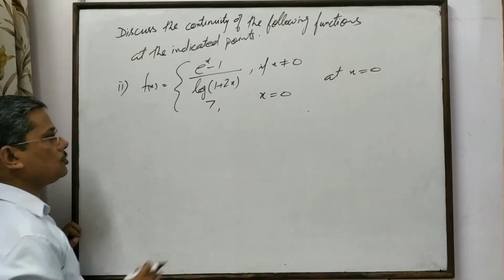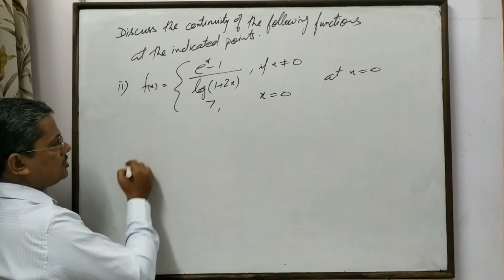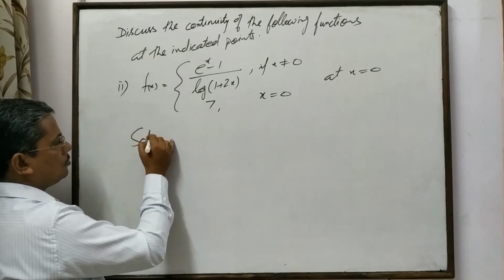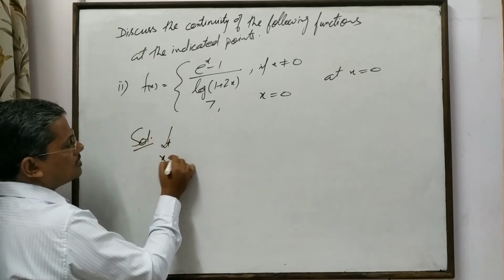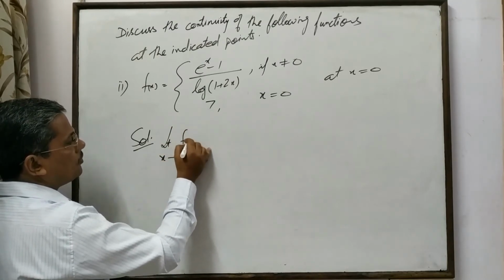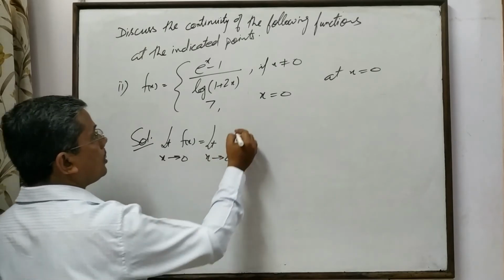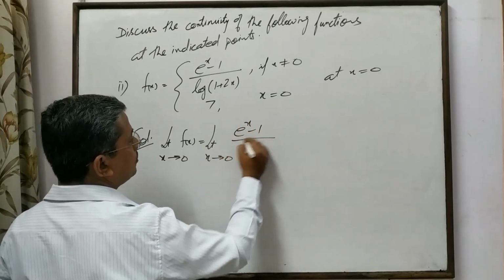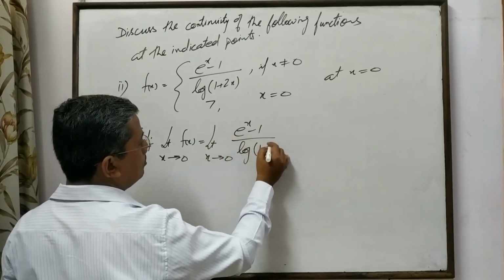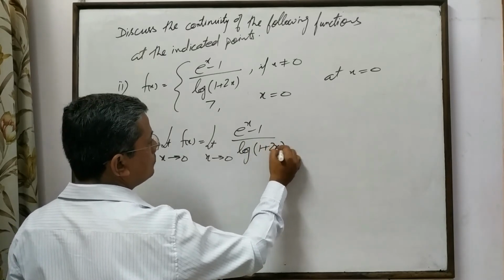Now let's talk about the limit at x is equal to 0. Limit x tend to 0 f of x is limit x tend to 0 (e raised to power x minus 1) upon log of 1 plus 2x.